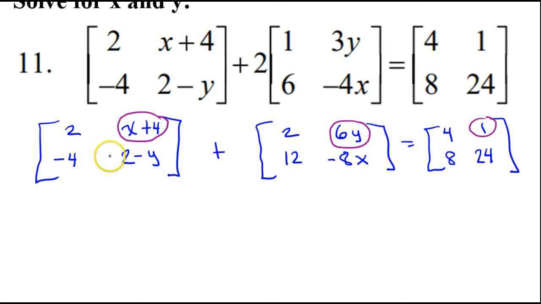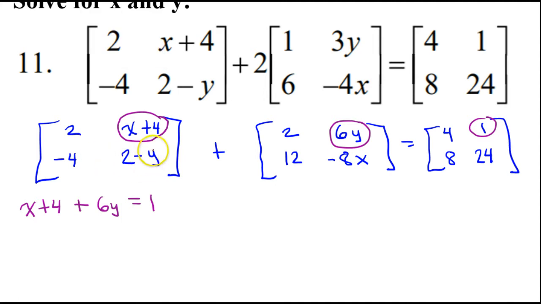Because I have the first matrix plus the second matrix equal to the third matrix, that gives me x plus 4 plus 6y is equal to 1. So that's one equation that I have. Now, of course, I could simplify this a bit by subtracting 4 from both sides. But you know what? I think I'll deal with that later.